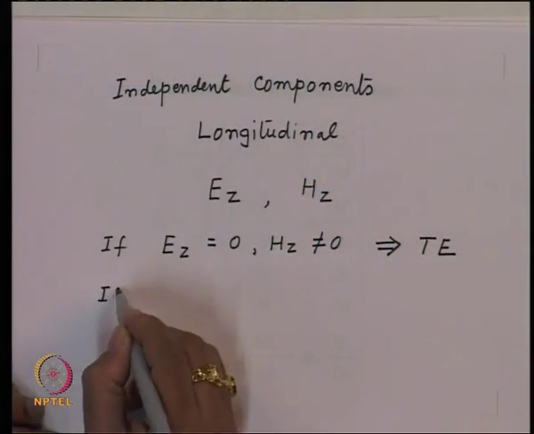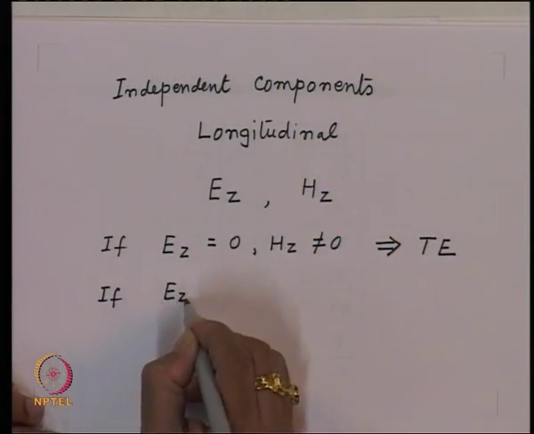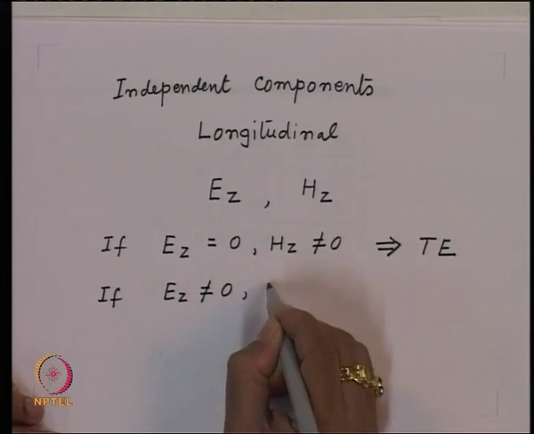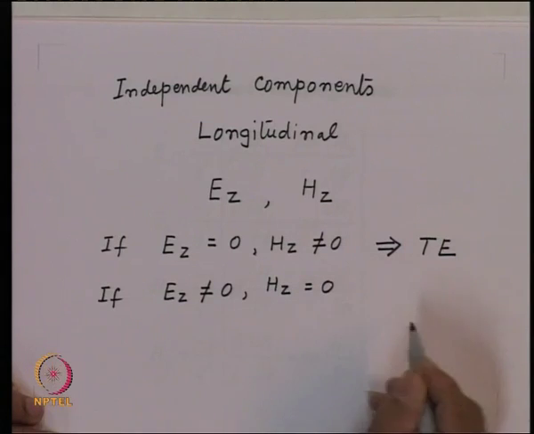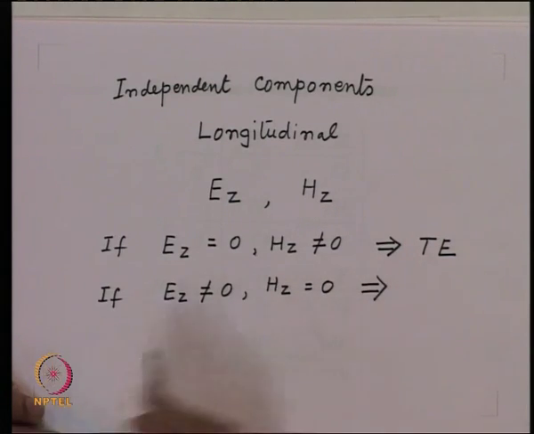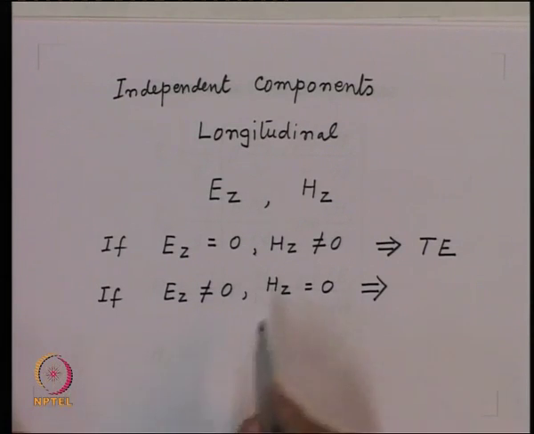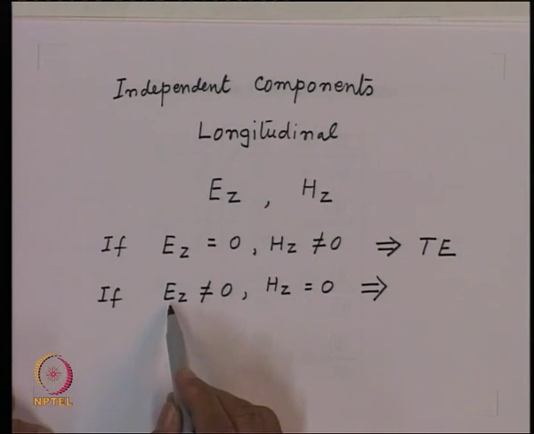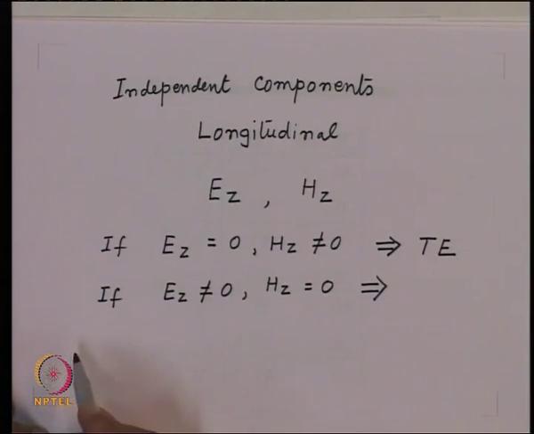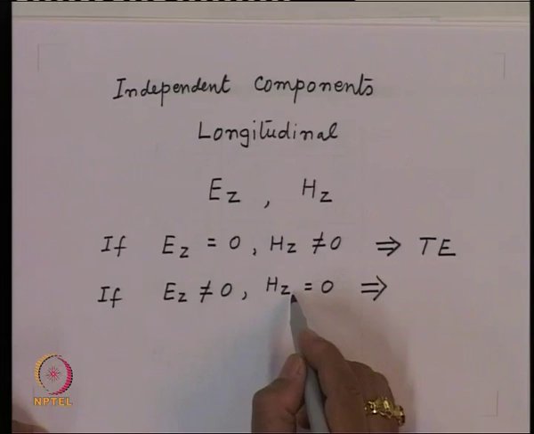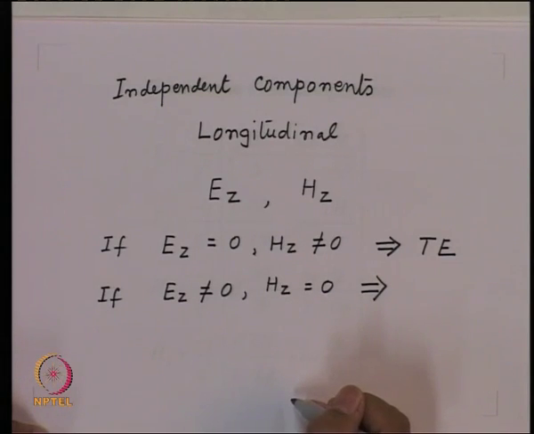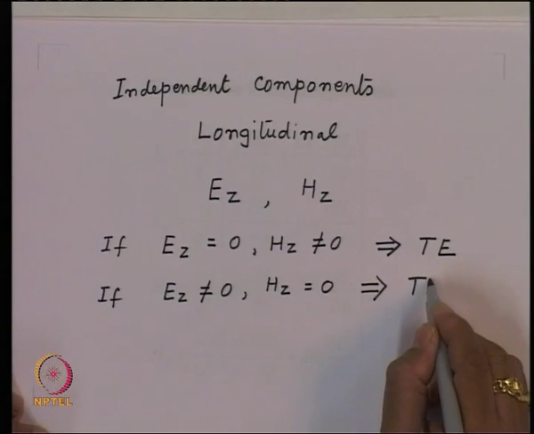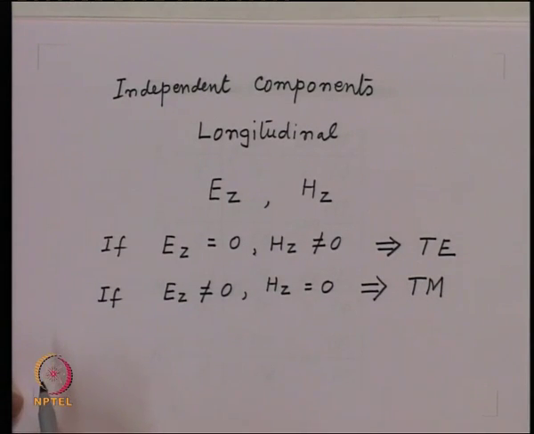Similarly, if we take Ez not equal to 0, but Hz equal to 0, then this would give us the field distribution which would have an electric field component in the direction of propagation, because Ez is not 0, but it will not have any magnetic field component in the direction of net propagation. So, this mode we can designate as the transverse magnetic mode, and if both the components are non-zero, then we will have a combination of the two.